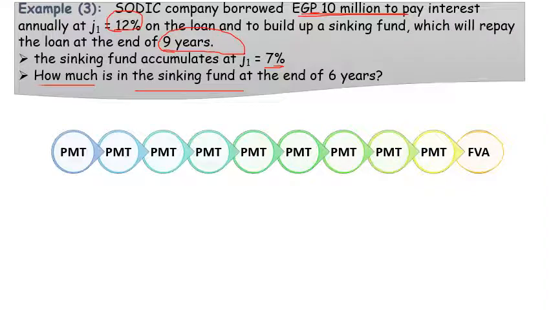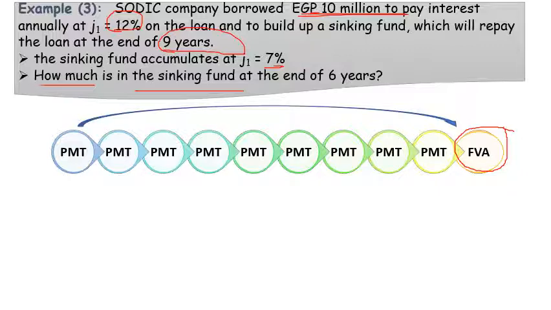Okay, as we said before, the sinking fund has a main objective to accumulate the required amount at maturity. So in our case, the main objective of Sodic is to accumulate 10 million after 9 years.